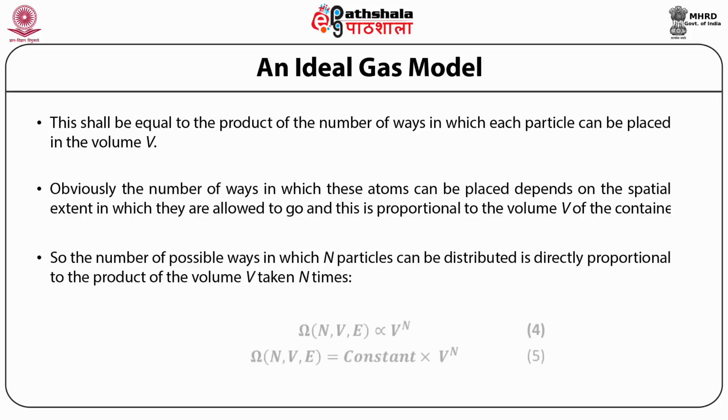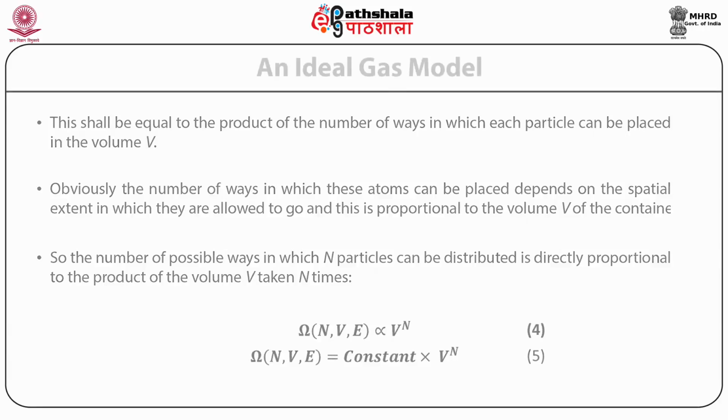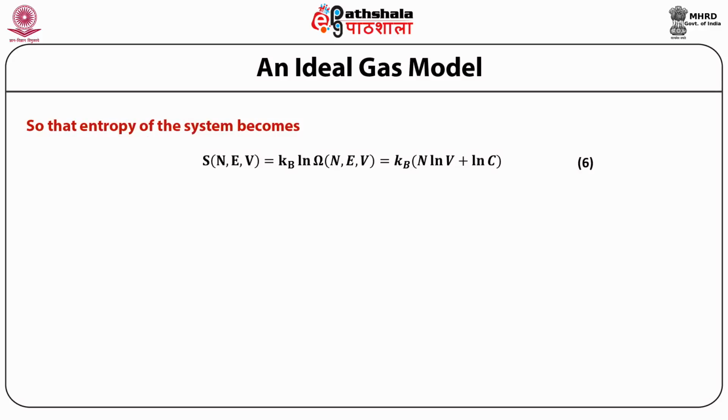That is, omega as a function of N, V and E is proportional to V raised to power N. Or, in other words, omega is equal to a constant multiplied by V raised to power N. So the entropy of the system becomes S as a function of N, E and V is equal to k_B log of omega, which is Boltzmann constant multiplied by N log V plus log of constant, where C is a proportionality constant.